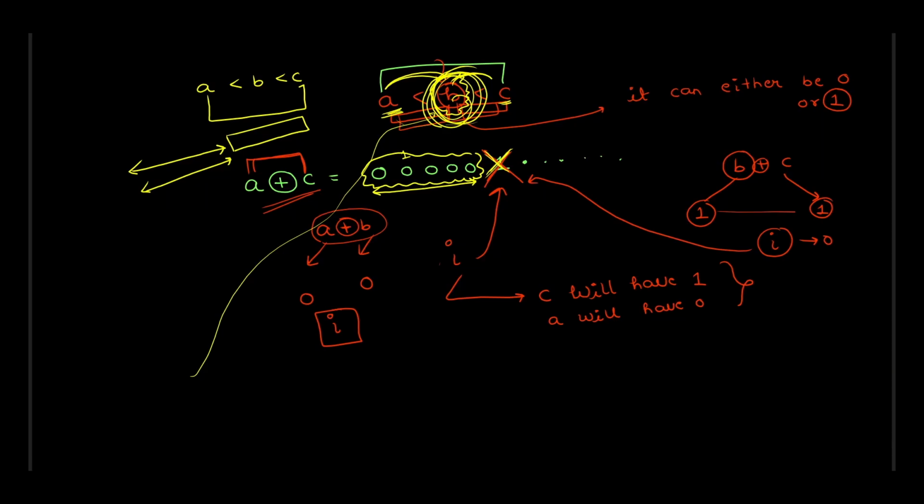So I hope you understood the idea, and let me also walk you through a sample, an example through which you can understand this abstract idea better, like this ordering that we have defined, A, B, and C. So let's look at a concrete example. Suppose we take A as 11000111.